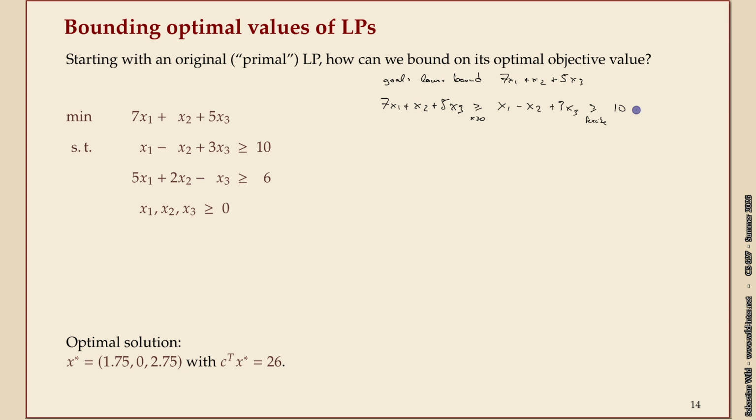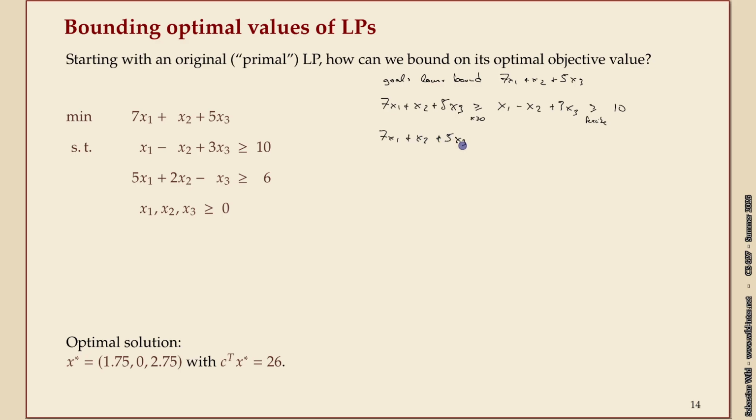Right? All I've done is rewrite the objective function using the constraints. I just lowered the coefficients for each of the variables, from 7 to 1, from 1 to -1, from 5 to 3. Now let's try to make use of the second constraint.